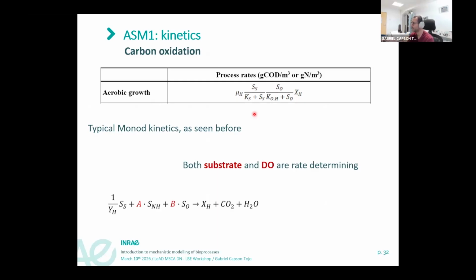If you don't have oxygen, the aerobic growth will not occur. So you have 2 terms in the rate equation, in the Monod equation, typical saturation kinetics, and both are rate limiting. And again, because we know the stoichiometry, we know everything that we need to know for this aerobic growth.